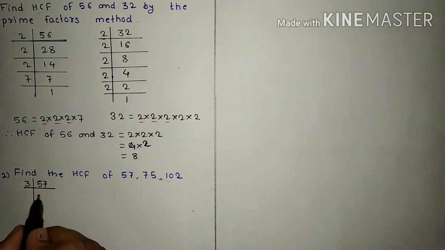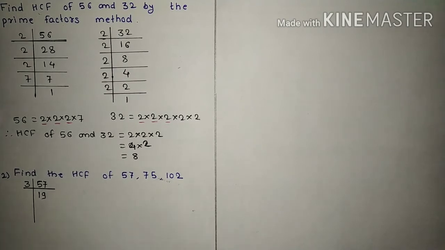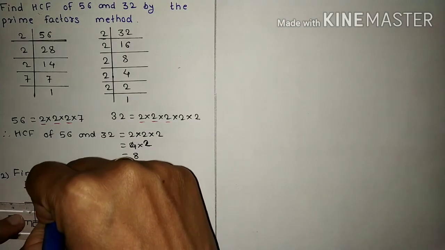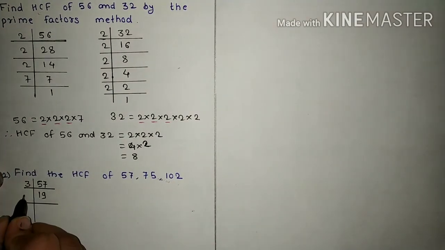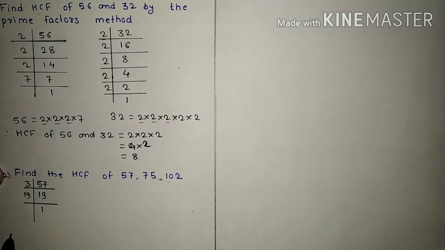Okay. When we divide 57 by 3, then we get 19. Now 19 is divisible by 19. 19 ones are 19. Therefore prime factors of 57 are multiplication of these numbers, 3 into 19.